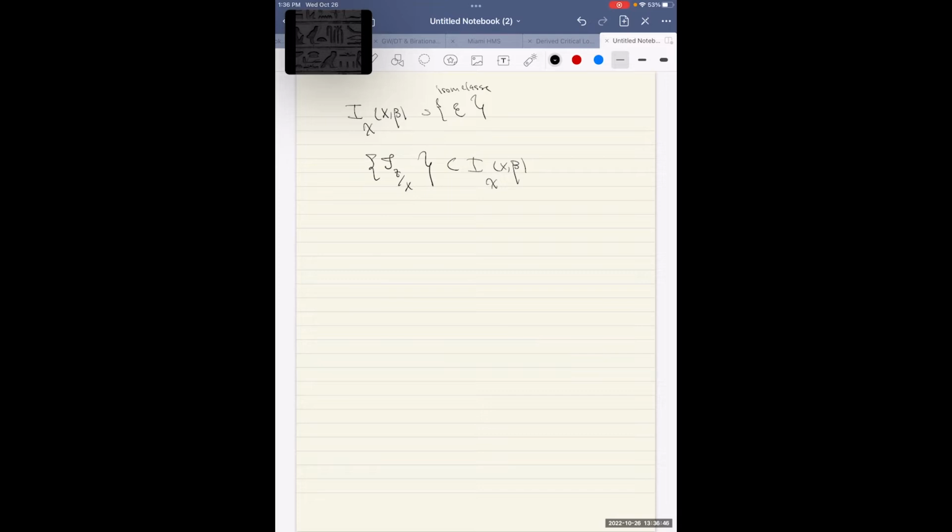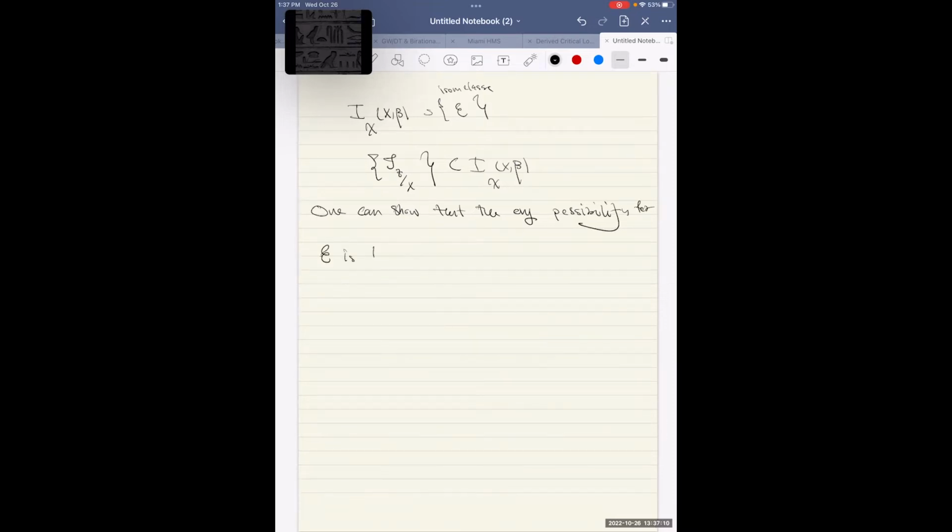And in fact, here is a theorem that says one can show that the only possibility for E is to be ideal sheaves, which actually implies that this inclusion is actually an equality. So this is the moduli space.